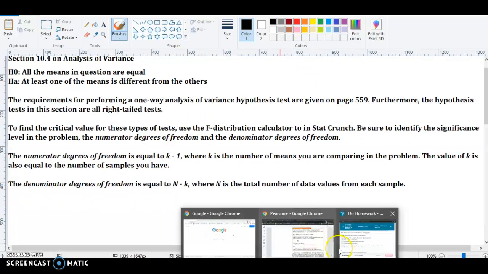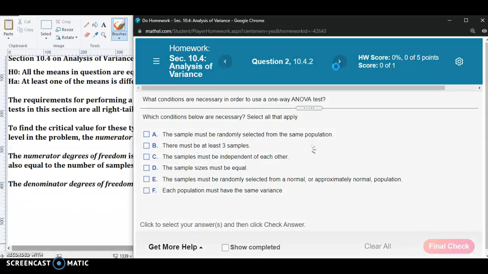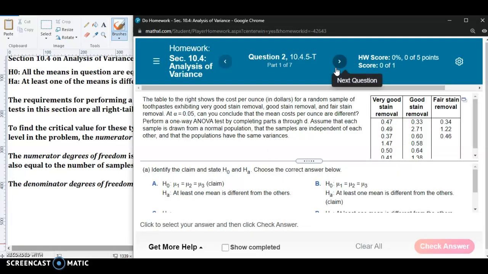Let's go and look at problem 2. It says that the table to the right shows the cost per ounce in dollars for a random sample of toothpastes exhibiting very good stain removal, and fair stain removal.